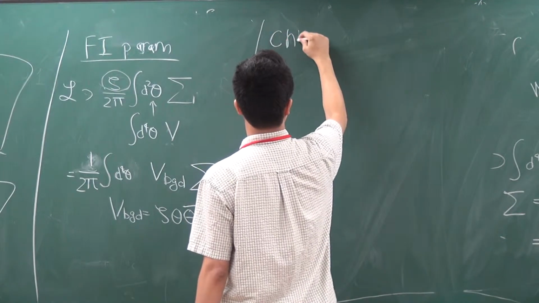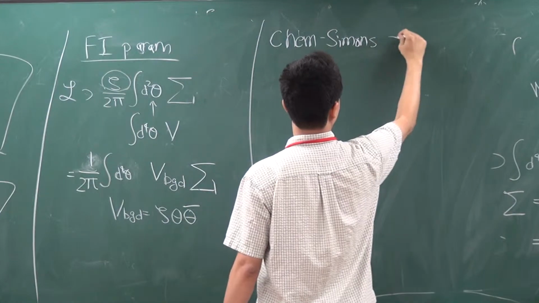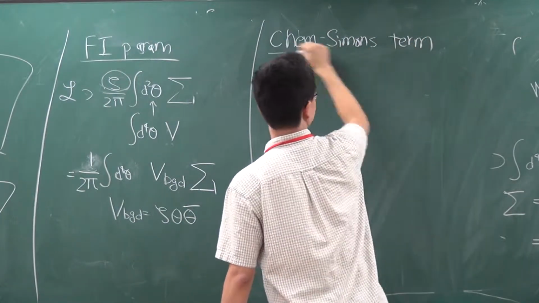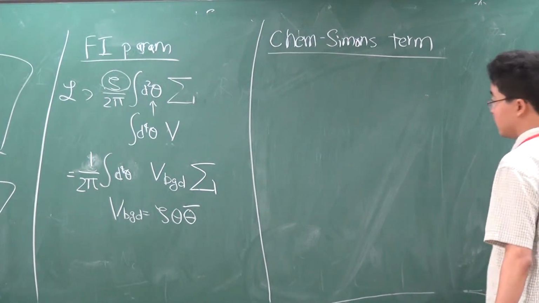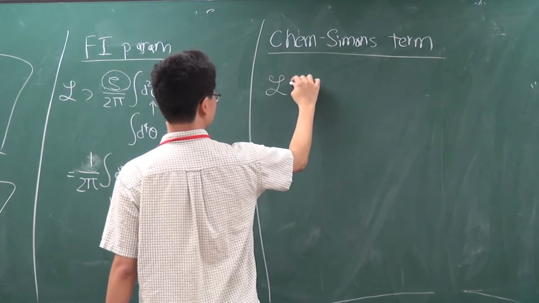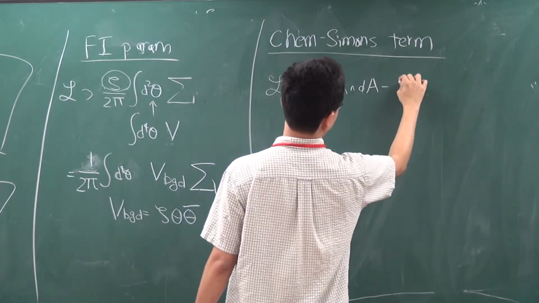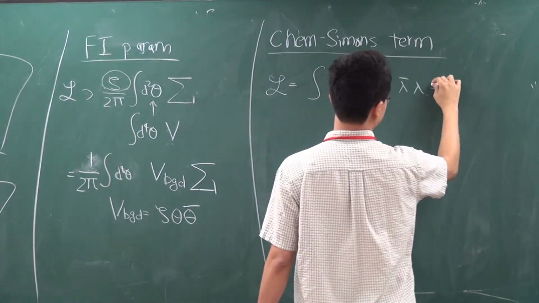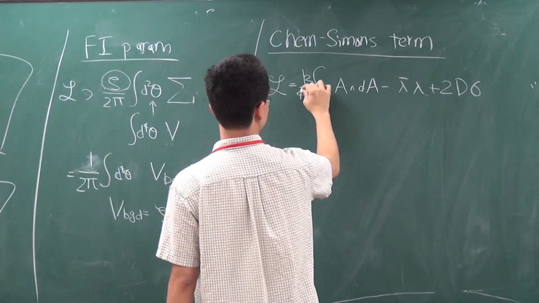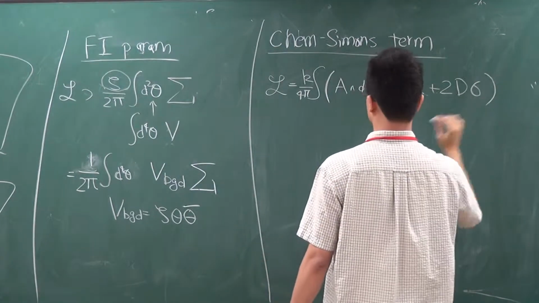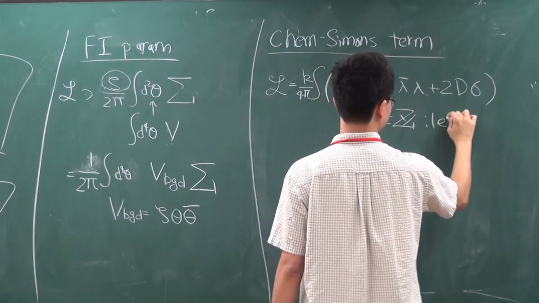So there is a Chern-Simons term, and the Chern-Simons term, well, of course, the bosonic component is F, eta, maybe minus the bar lambda plus 2D sigma, if I remember correctly, times K over 4 pi. So this is the supersymmetric completion. K is an integer, so that's the Chern-Simons level.